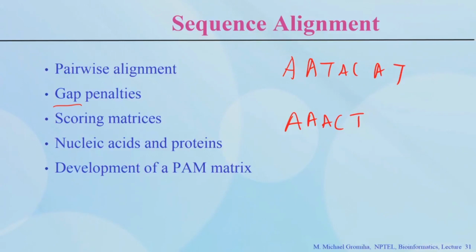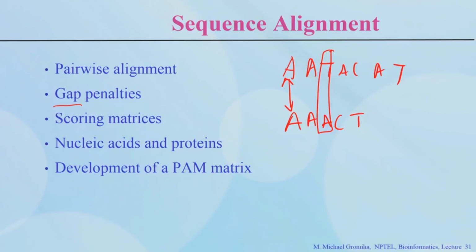Then we see the alignment based on some scores. How to give scores? The matching score: if it matches, this is a match score. What is the mismatch score? If this is not matching, you have to give a mismatch score.